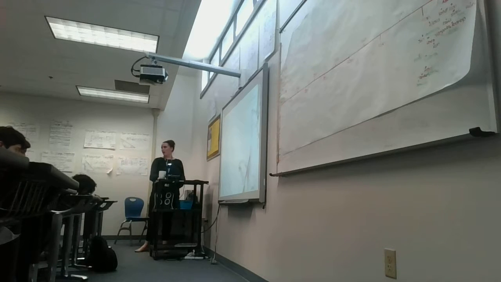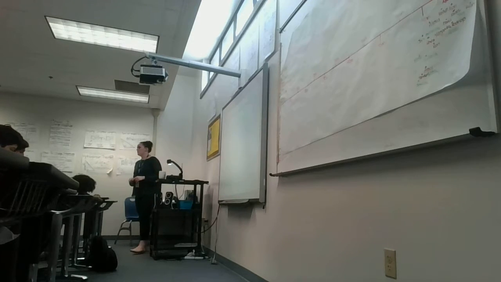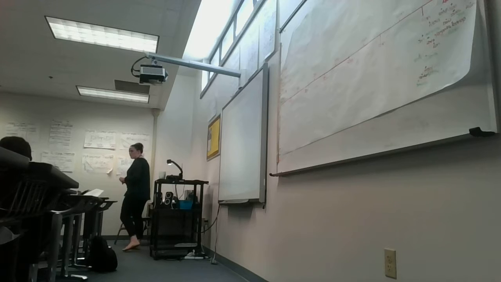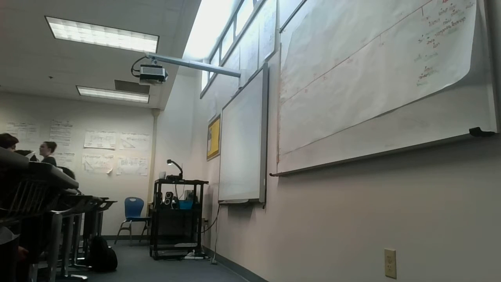To do that, our first step is to name this graph. So when we're talking about graphs and scatter plots, we need to name them with the variables that we're talking about.